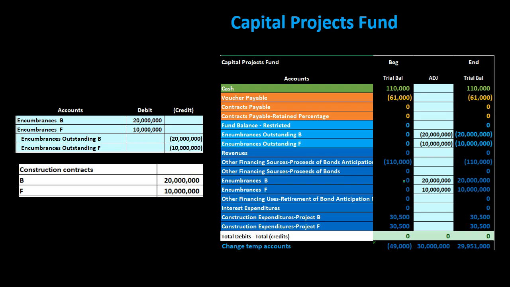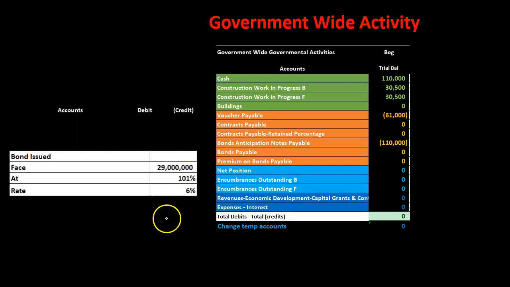So that's why I would think of it as a holding account. These increase in the same way as an expense does, because they're holding the place for the expense that we will record in the future. The other side then goes into the equity. So here's the equity account, encumbrances outstanding, increasing in the credit direction. Those always being equal and opposite, equal and opposite, equal and opposite.